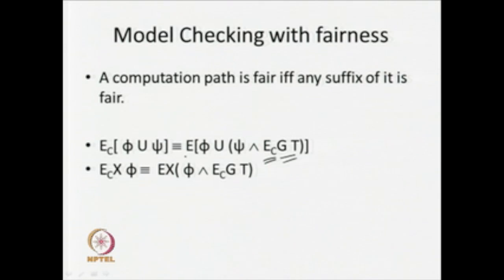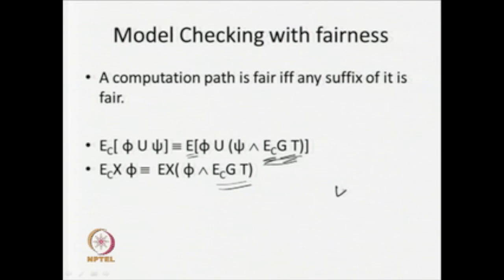We are talking using the general E until operator without any constraints. So, we are going to look for phi until psi, but along with this particular fair part, EC G T. So, similarly, for EC X phi, what you can write is E X phi and EC G T. That means we are going to look for the next state where it is fair enough.